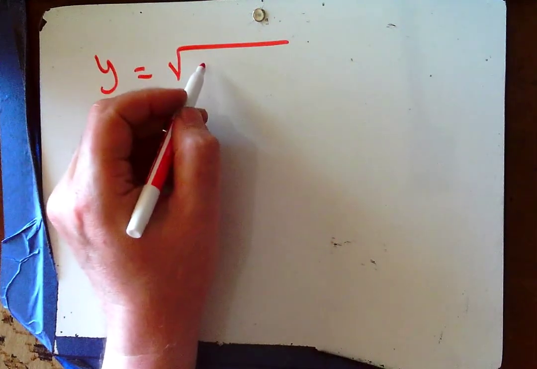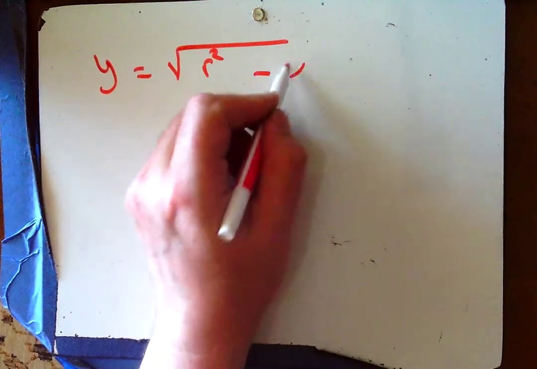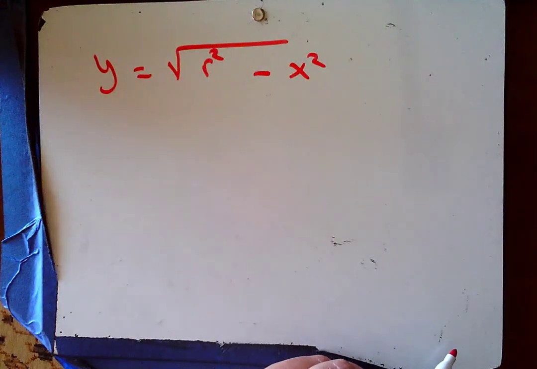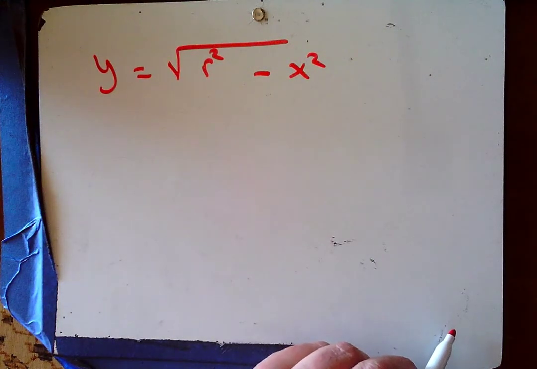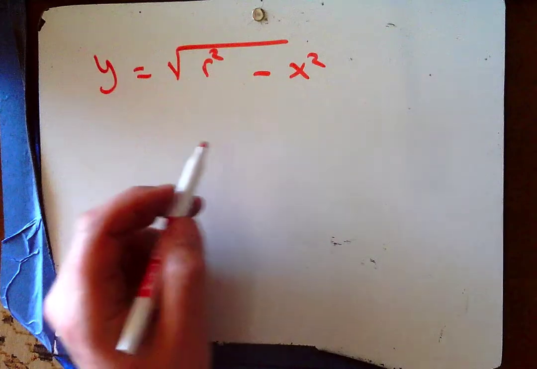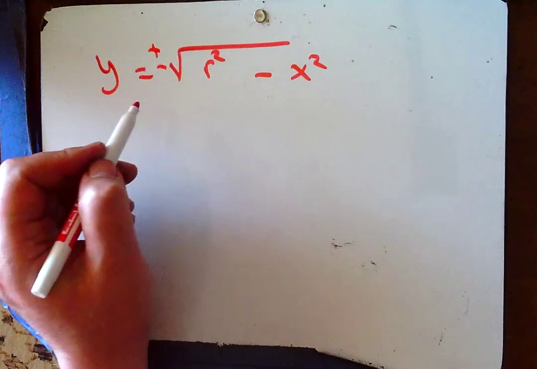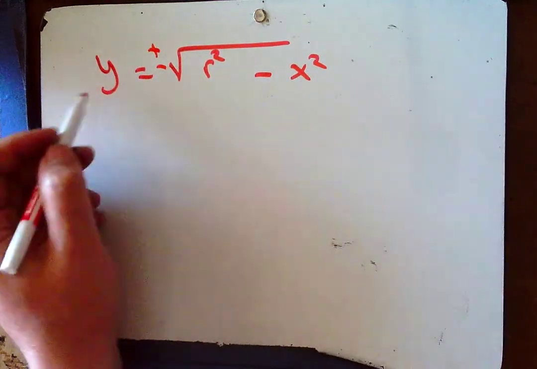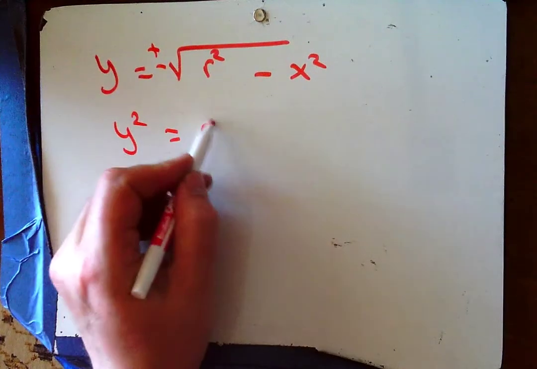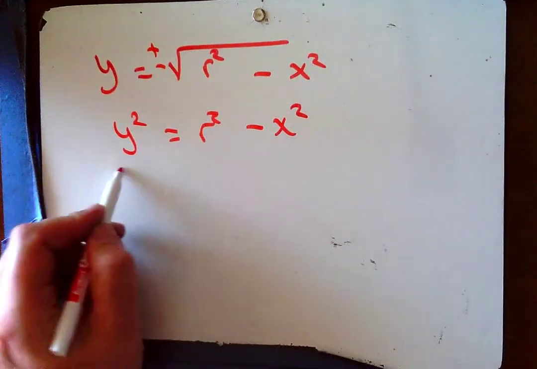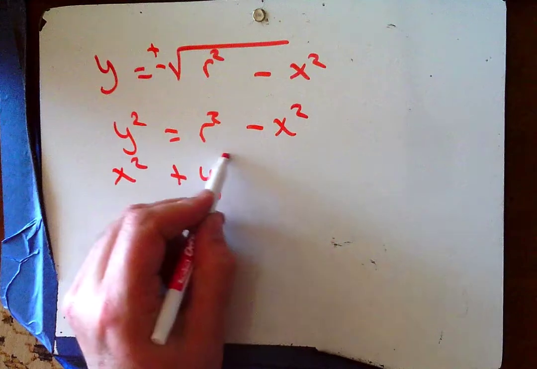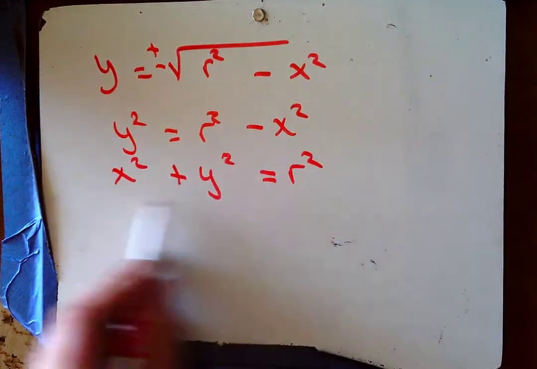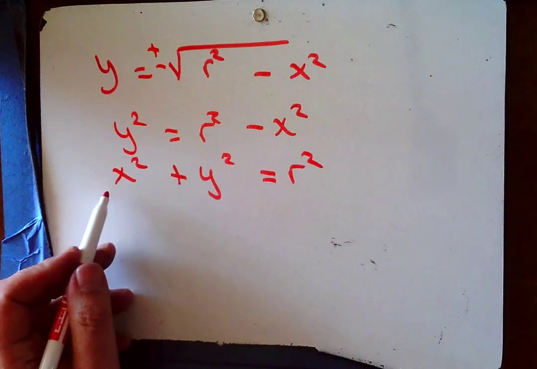Okay. What else do we have? Well, how about this one? Y equals square root of r squared minus x squared. What's that going to look like? Well, if I had a plus and minus out in front, I could square both sides and add x squared to both sides, and hopefully you'd say, oh, that's the equation for a circle.